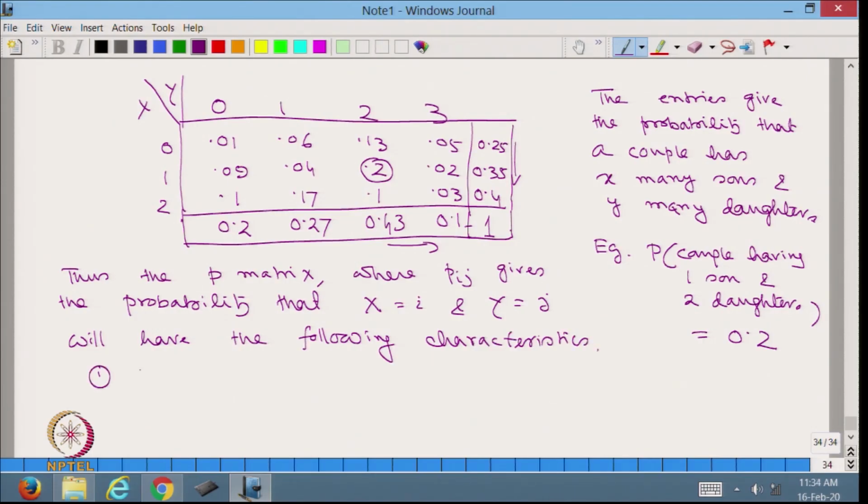One, P_ij is greater than or equal to 0 for all i, j, and two, sigma over i and sigma over j of P_ij is equal to 1.